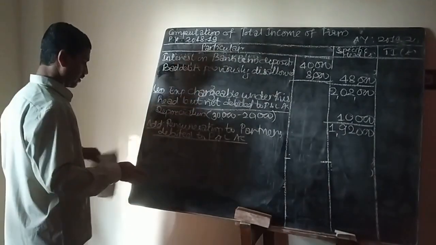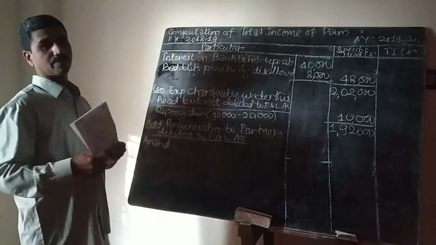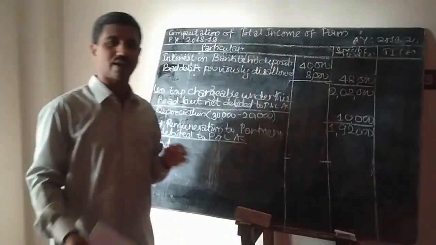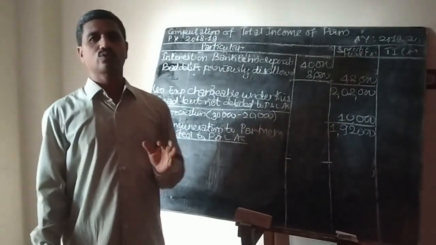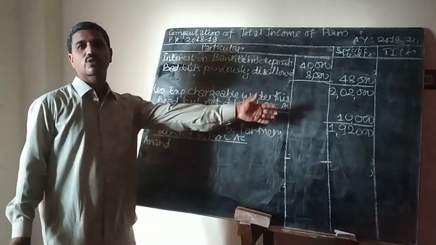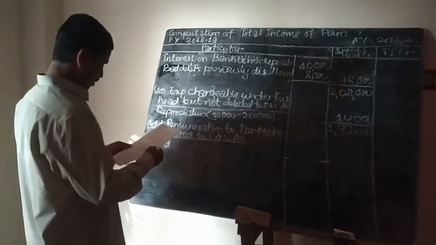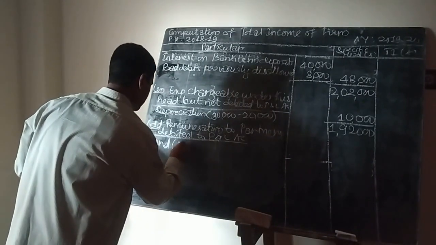Whatever is paid to any partner, we should add. That means the remuneration paid to working as well as non-working partners should be added back so that we arrive at the book profit here. So Anand has been paid a salary of rupees 36,000.